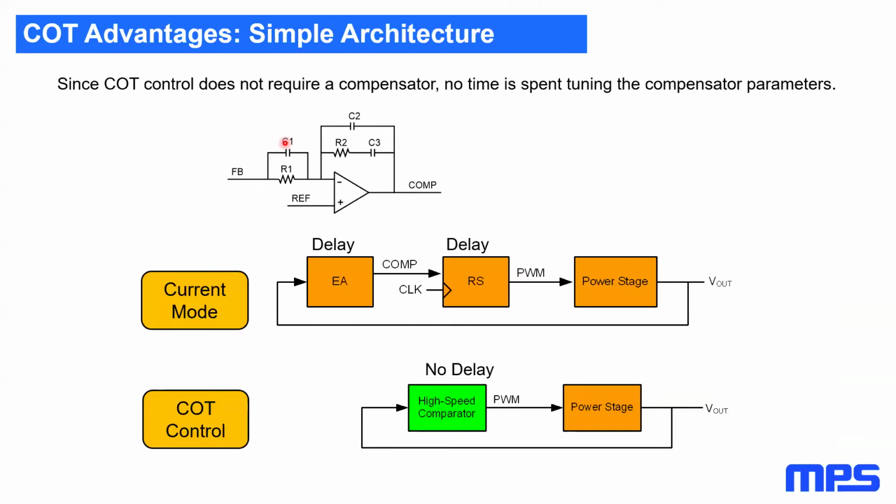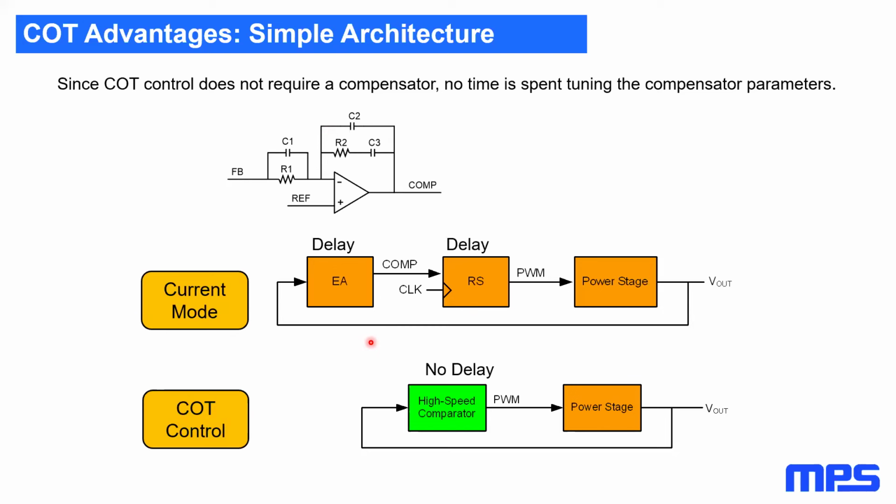Second advantage that I want to touch on for constant on-time is that we're not requiring a compensator, or we're eliminating the compensator from the compensation loop, which means that we are eliminating essentially the delay that comes from the error amplifier, as well as the delay that comes from our RS latch that we're using for the PWM. One of the reasons why COT is so fast is precisely because of the elimination of these elements in the compensation.